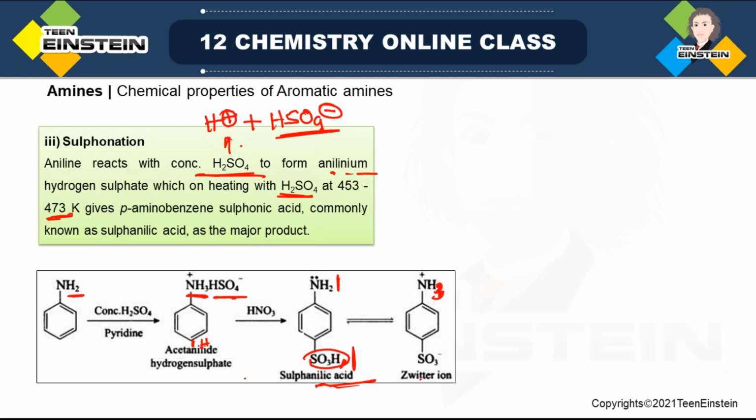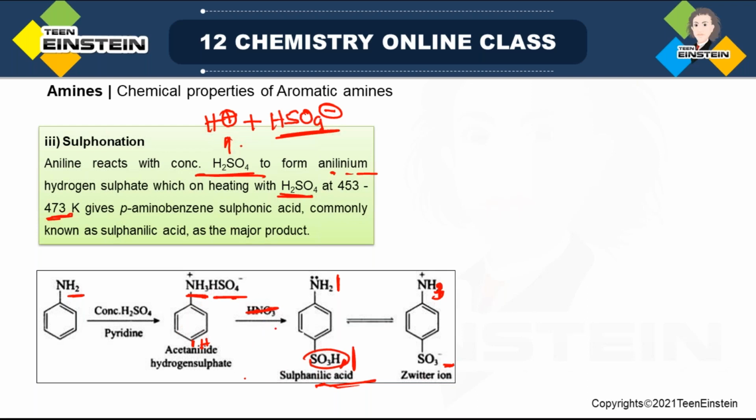So this H, if it is removed from SO3H, now it will be SO3 minus. And now it is attached to NH2, it is protonated, so it is positive. So this type of ion, where both positive and negative charge is present together, and overall it is neutral, we call it zwitterion.